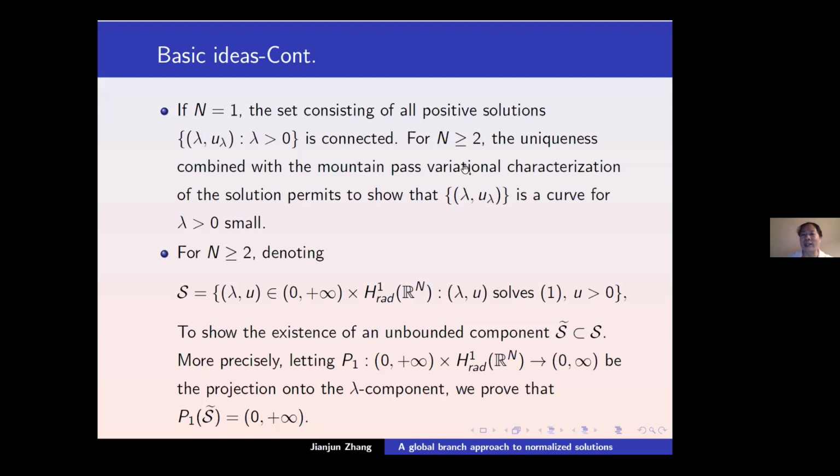Actually, for n bigger than 2, we can use the uniqueness of the normalized solution of the problem near the origin. We can choose that the set of solutions for lambda small is just a curve, for lambda positive small.